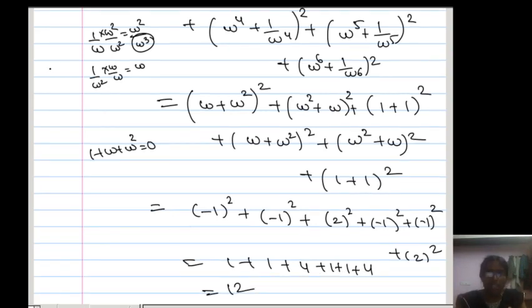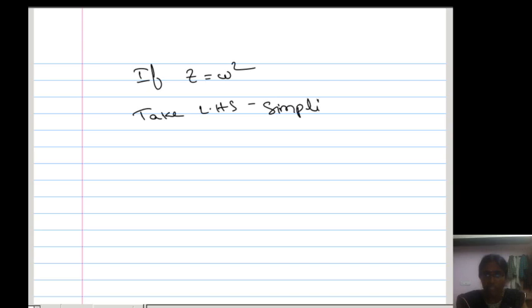Similarly, I am telling you that you can do it for z = ω². If z = ω², take LHS, substitute z = ω², and simplify. Then you will get RHS as 12.